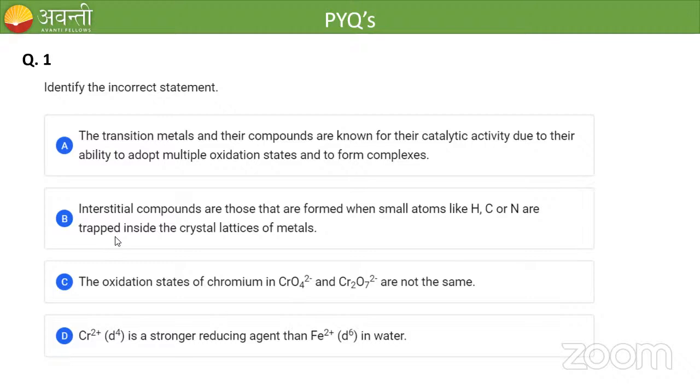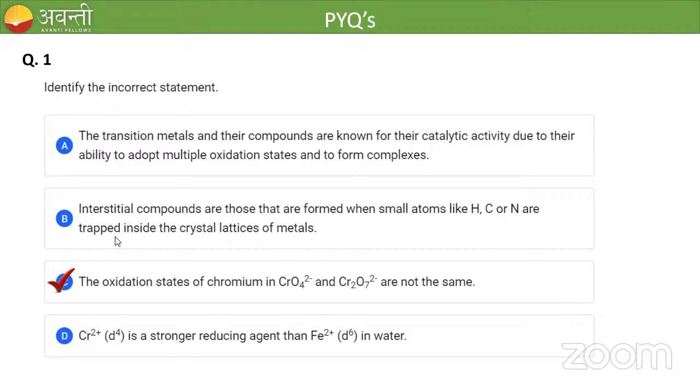Sanika is saying option C. Everybody is going for option C. Let's check. Yes, option C is the correct answer.